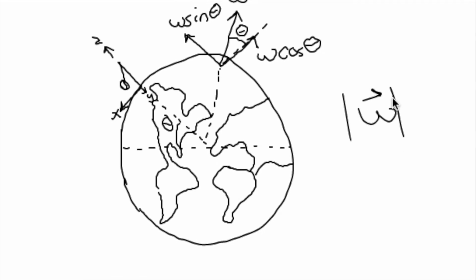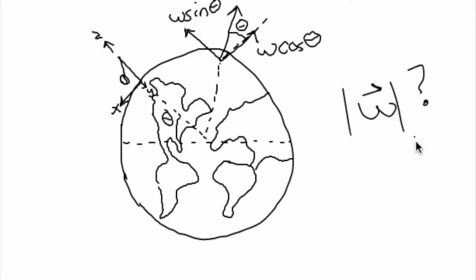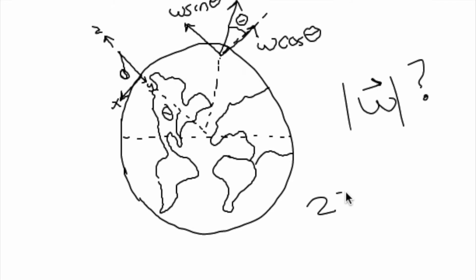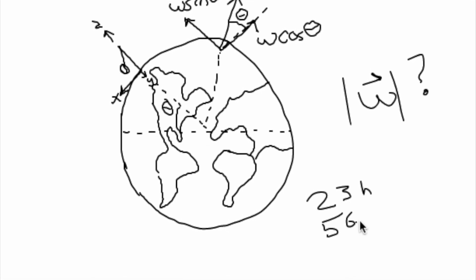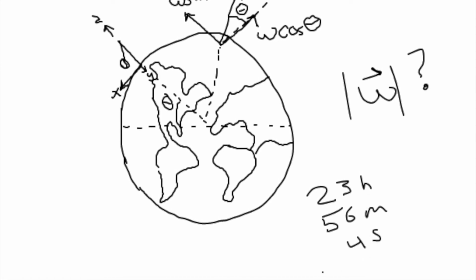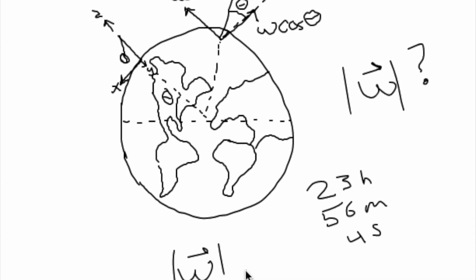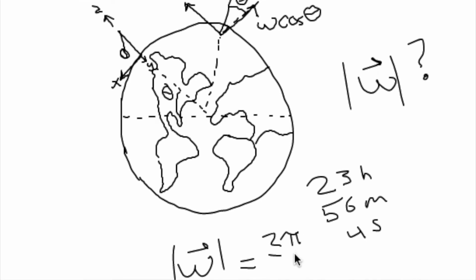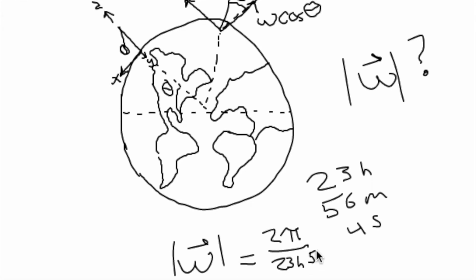But what exactly is the magnitude that we're going to be using in our simulation? Well, as we discussed before, the Earth spins around itself in one sidereal day, which is 23 hours, 56 minutes, and 4 seconds. So the magnitude of omega is simply going to be, as shown here, 2 pi radians over our 23 hours, 56 minutes, and 4 seconds.